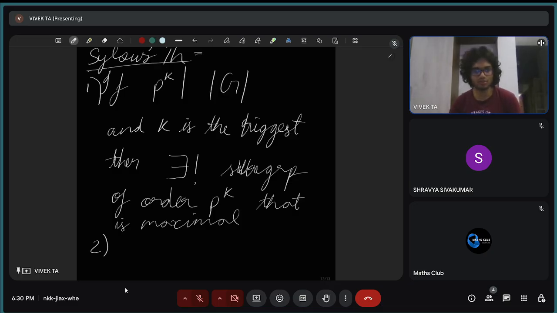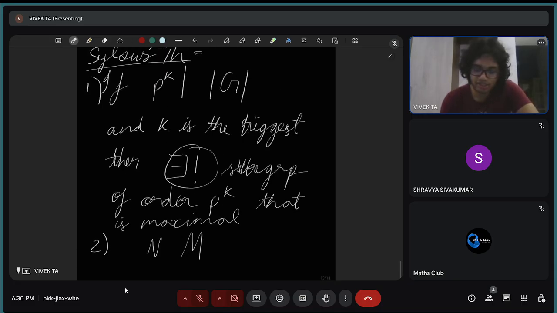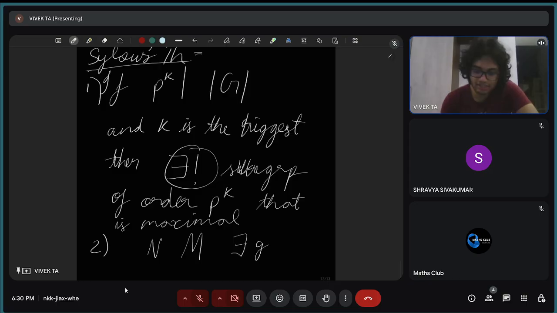So essentially, what I'm trying to say is to define what this uniqueness means. If you have two Sylow P groups N and M, it is to say there exists G such that N equals G M G inverse. I think this would be easier to understand.